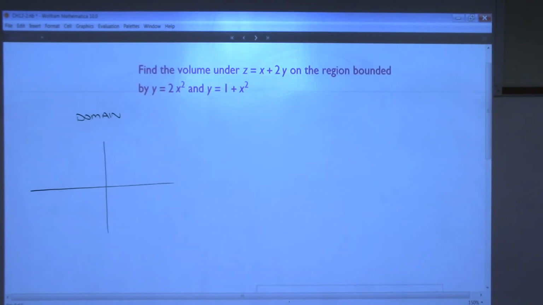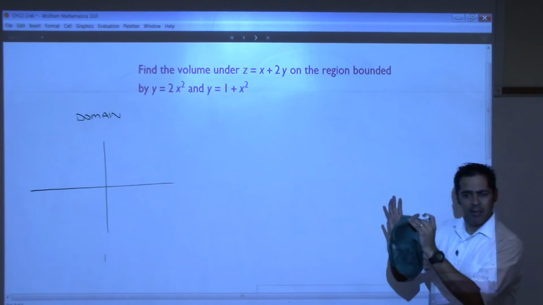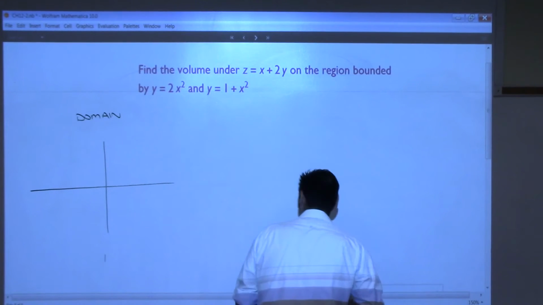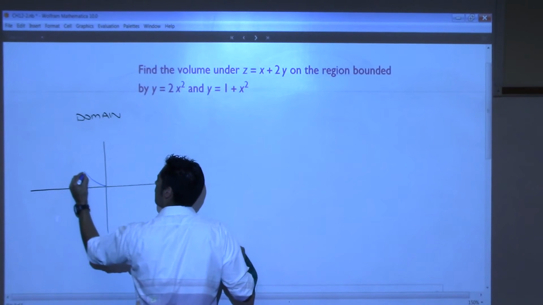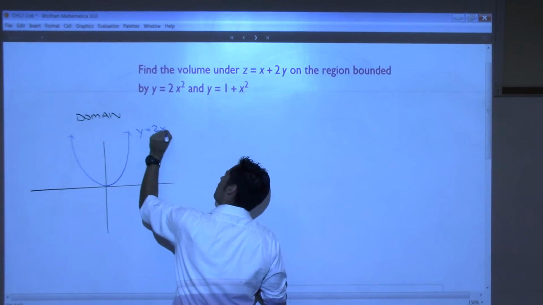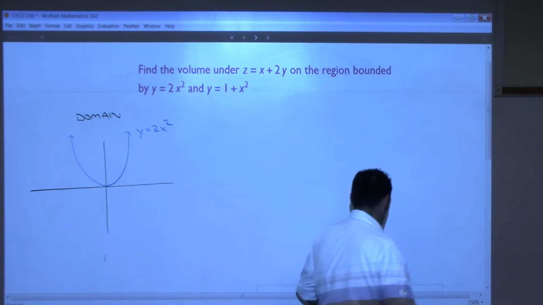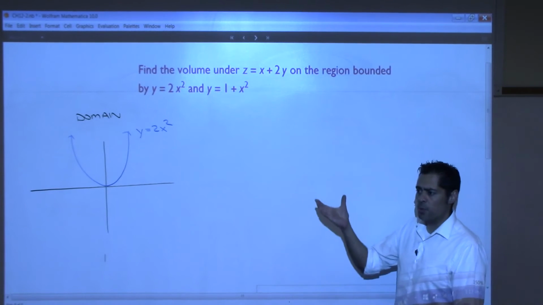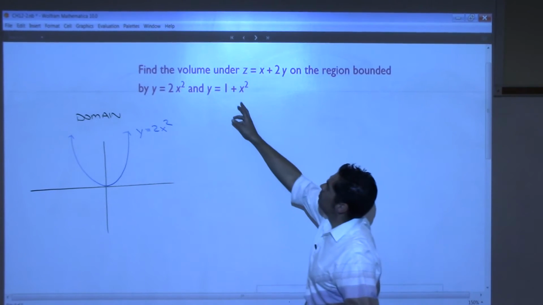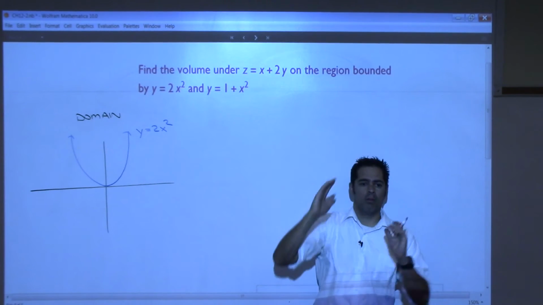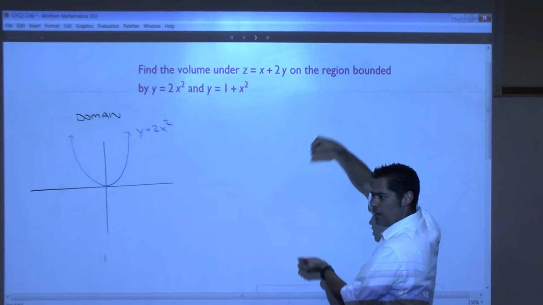All right, so let's graph y equals 2x squared. That's a parabola, right? It starts out at the origin. I'm going to use my colors today. So this is y equals 2x squared. And then 1 plus x squared is another parabola, which opens up also, but it's moved up 1. It's also wider than this one because 2x squared stretches vertically.